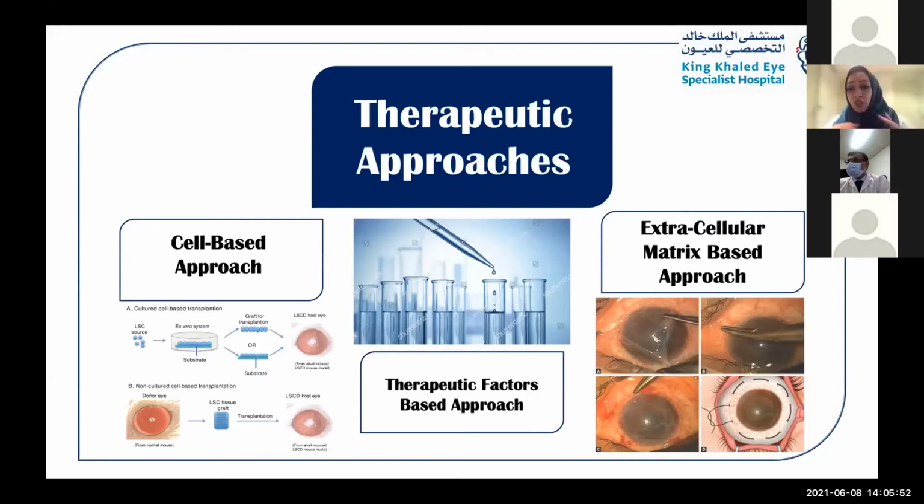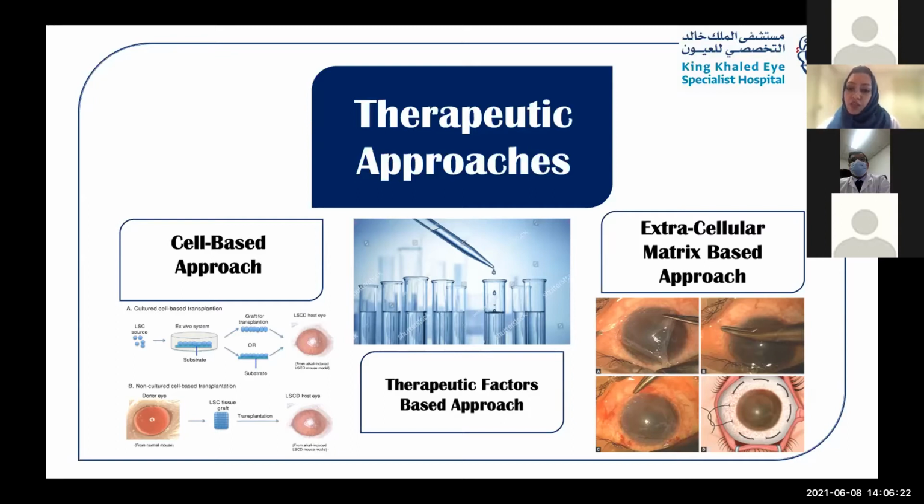The extracellular matrix approach, as I mentioned, it is part of the limbal stem cell niche, and the ocular surface needs a healthy extracellular matrix. So that's when, for example, you provide the amniotic membrane, which acts as a scaffold for the cells to grow. Hydrogel extracellular matrix and other recombinant matrices also work in this area.